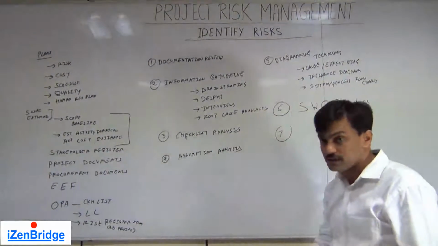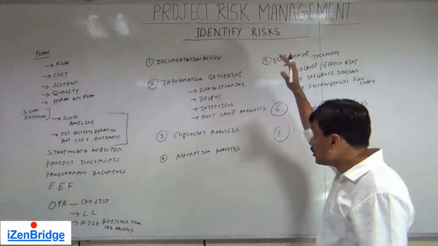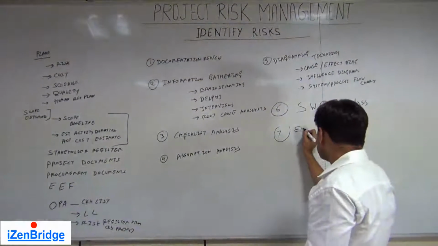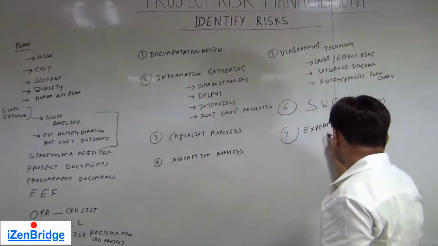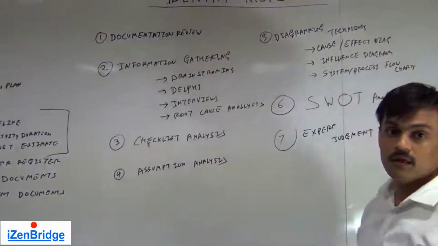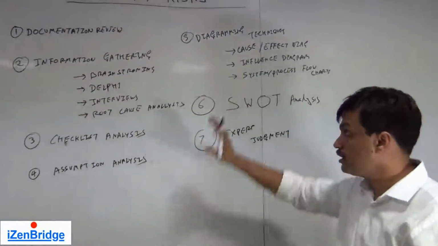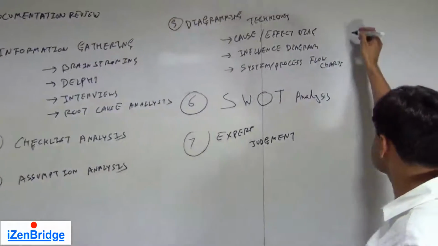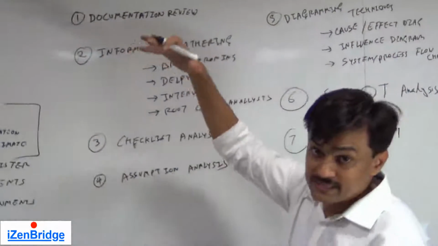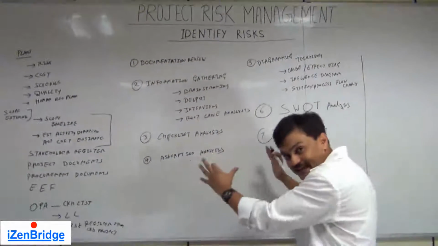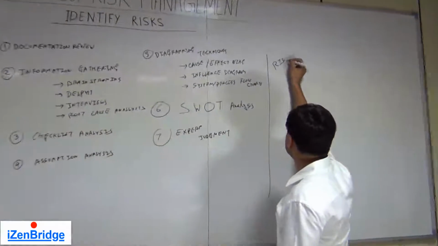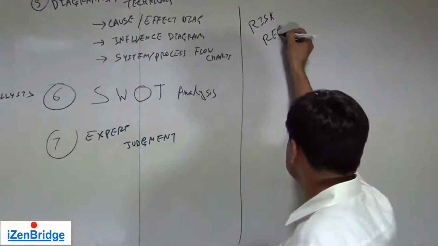Somebody has to put his mind into identifying risk using all these techniques, and that's why expert judgment is an important tool and technique for risk identification. On this good amount of documents, we applied a good amount of techniques, and finally we got a risk register.